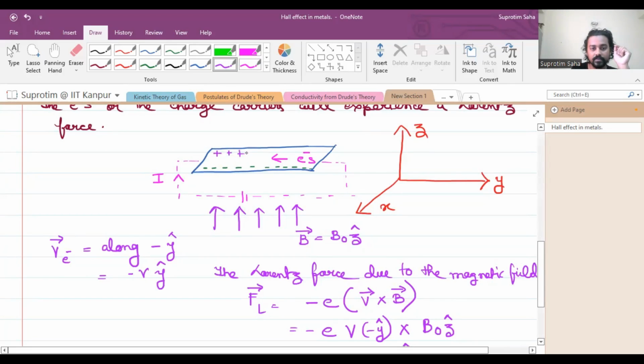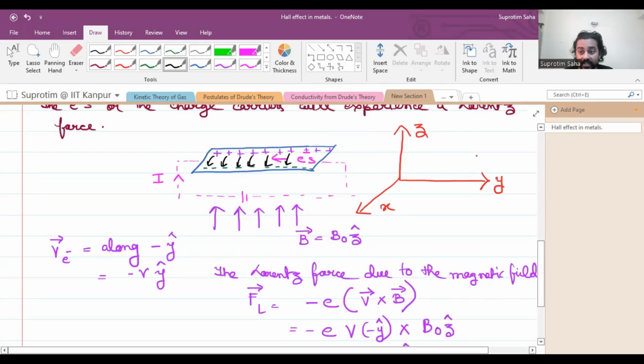Fine. On this side, there's a drift of electrons from this to this. So what happens if there's a charge separation?